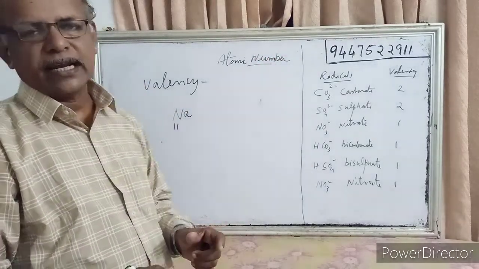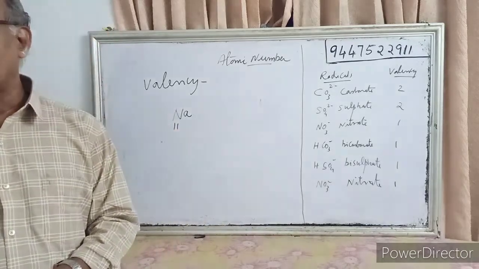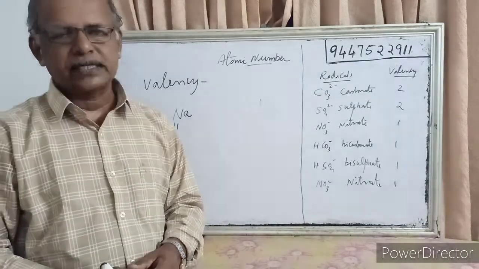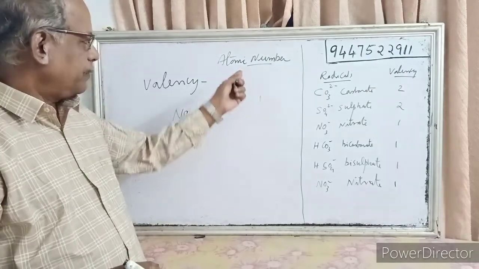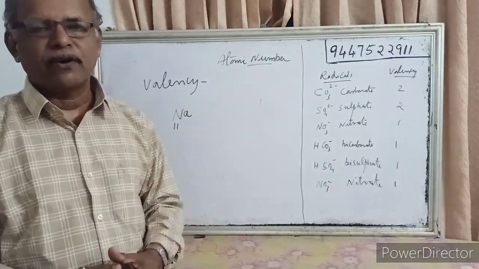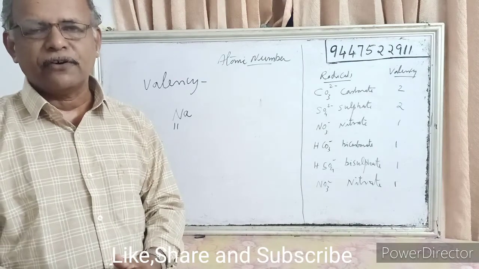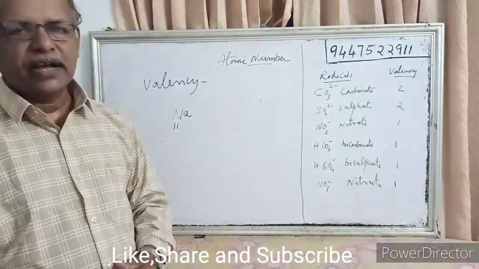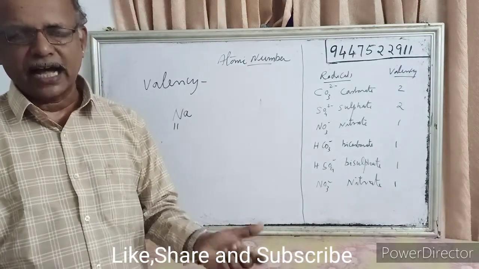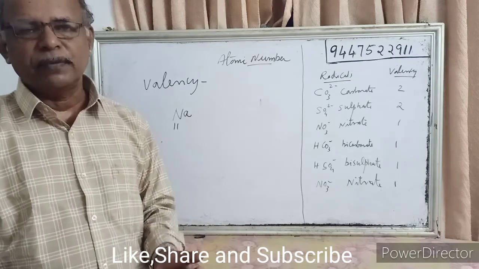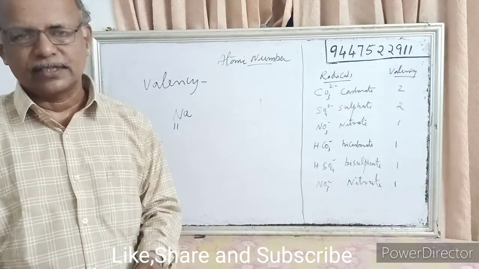Atomic number shows the number of protons, positively charged particles, or the number of electrons, which are negatively charged particles, present in an atom. In an atom, the number of protons will be equal to the number of electrons.